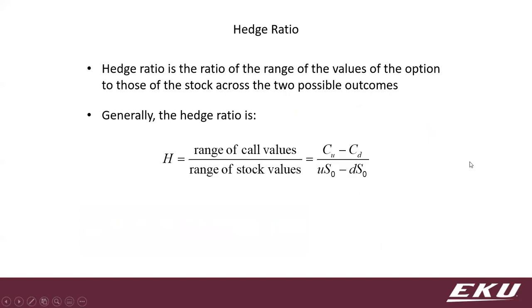Okay. And then here is the hedge ratio, right? And so this is where would the option prices be, based on where this could go up or down, right? And then where would my stock prices be?